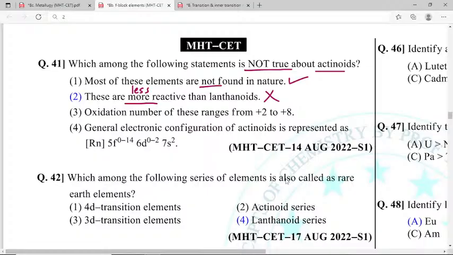This is incorrect, actually this is your answer. Question very, very important. Oxidation number ranges from +2 to +8, correct. The general electronic configuration of actinoids is represented by radon 5f 0 to 14, 6d 0 to 2, 7s2. Correct. This is again a very important question. These are more reactive than lanthanoids? No, these are less reactive than lanthanoids.